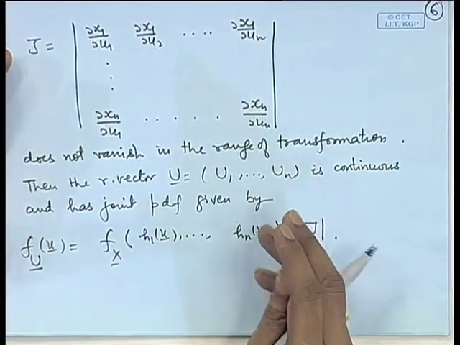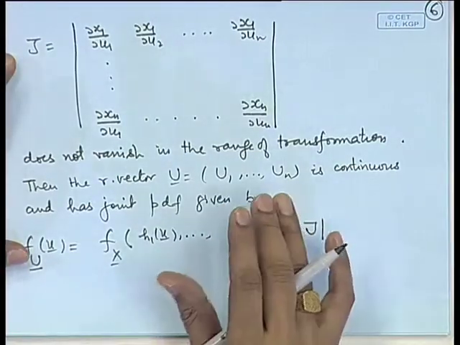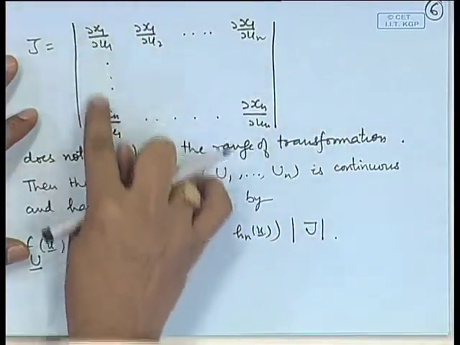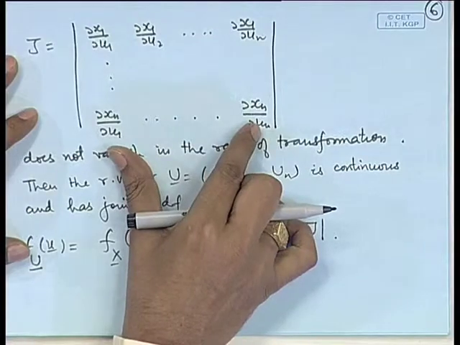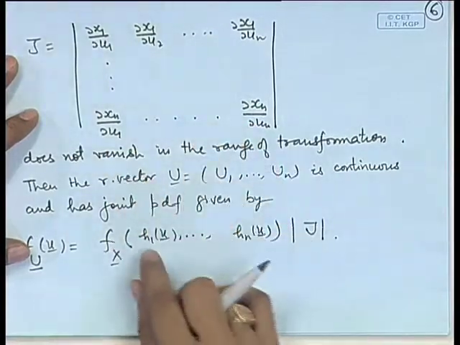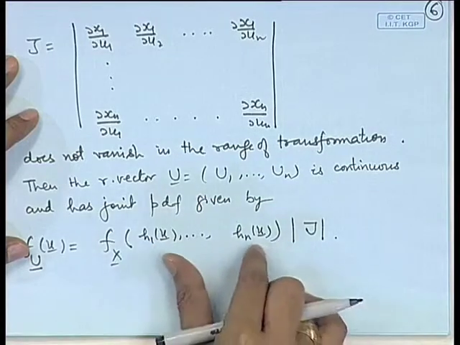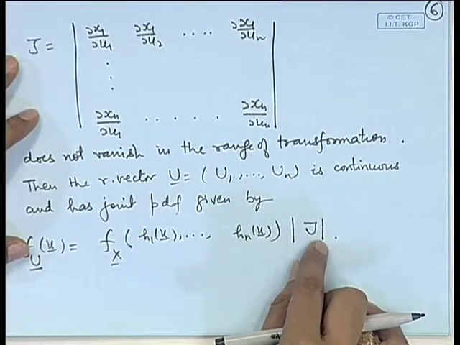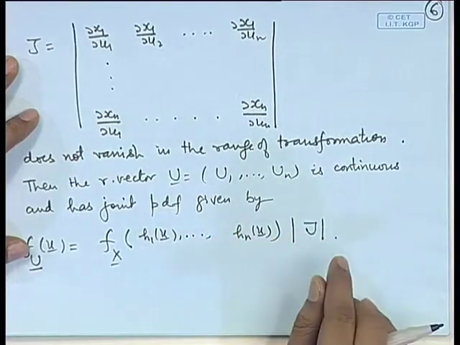So, when we have an n-dimensional random vector and an n-dimensional 1-to-1 transformation, we look at the inverse function and calculate the determinant of the partial derivatives, call it the Jacobian, substitute the values of x1, x2, ..., xn in terms of the u_i's, and multiply by the absolute value of the Jacobian. That yields the joint density function of the transformed random vector. So, let us look at a few applications here.